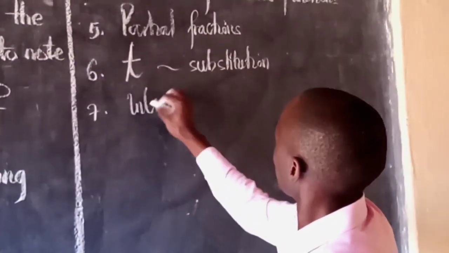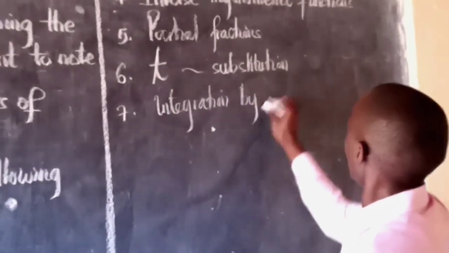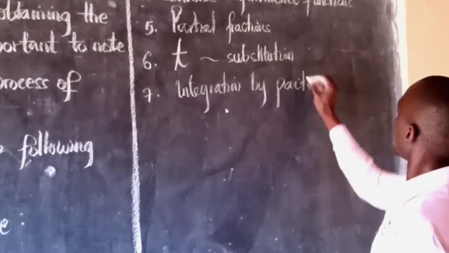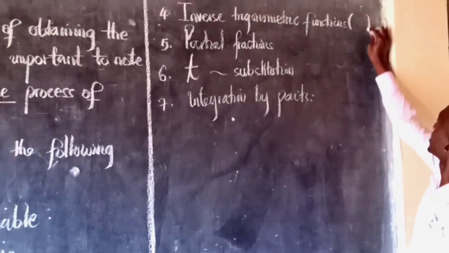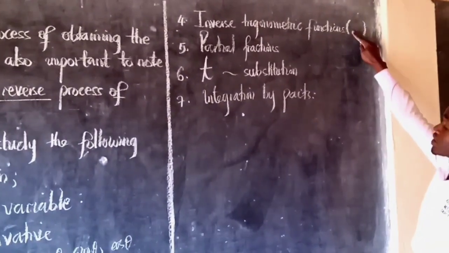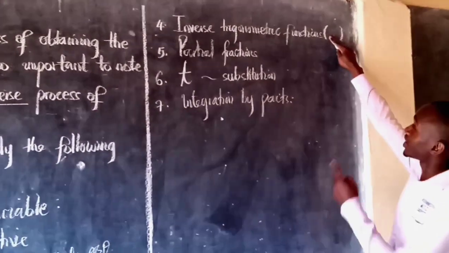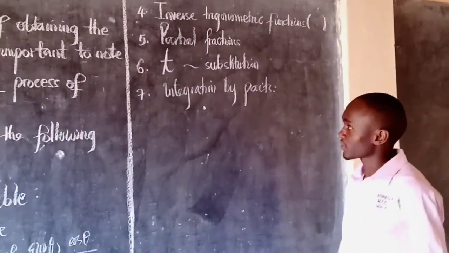Seven, integration by parts. Normally this ends the story, but I want to mention that under inverse trigonometric functions, generally many students know that here we look at the sine and the tangent substitutions.